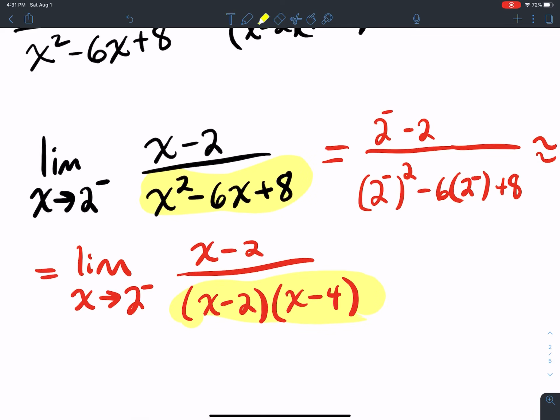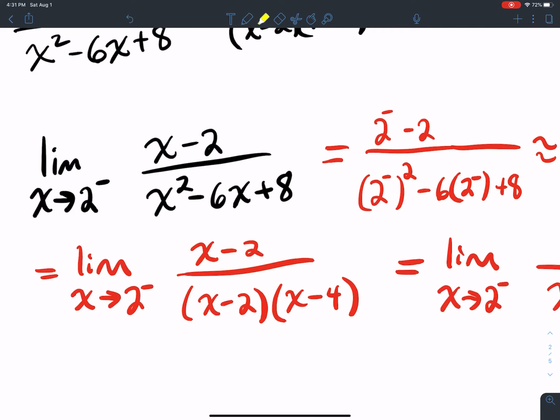Since I'm taking a limit as x goes to 2, I can cancel these two factors and not have to worry about it, because the limit at a point is taken with the possible exception of that point itself.